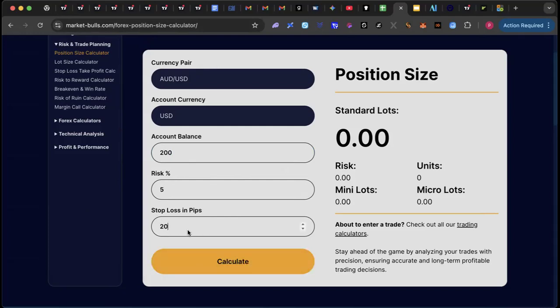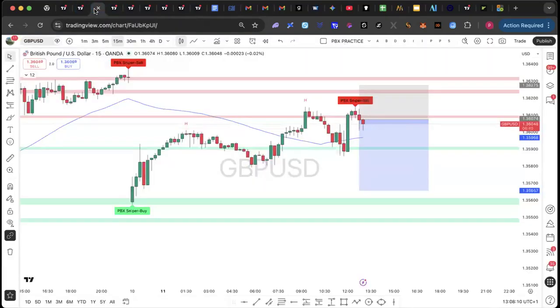Our stop loss is about 20 pips, so let's make it 23 pips because of spread, give and take. Now if I calculate, I can enter this trade with 0.04, considering the amount I want to risk, and then take my profit.